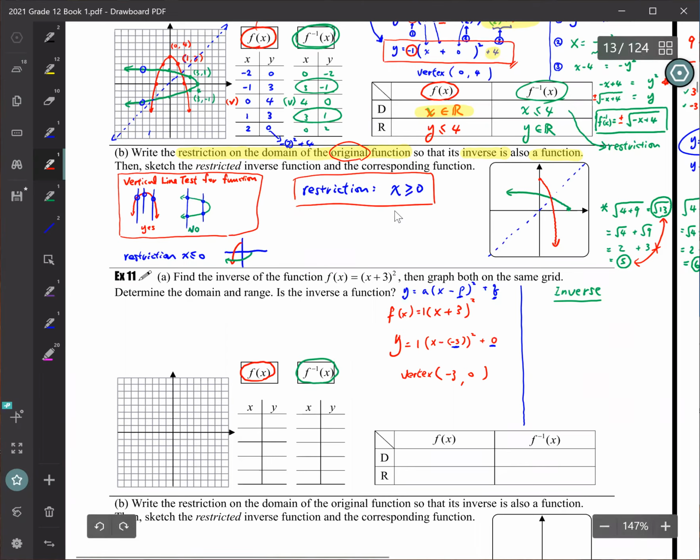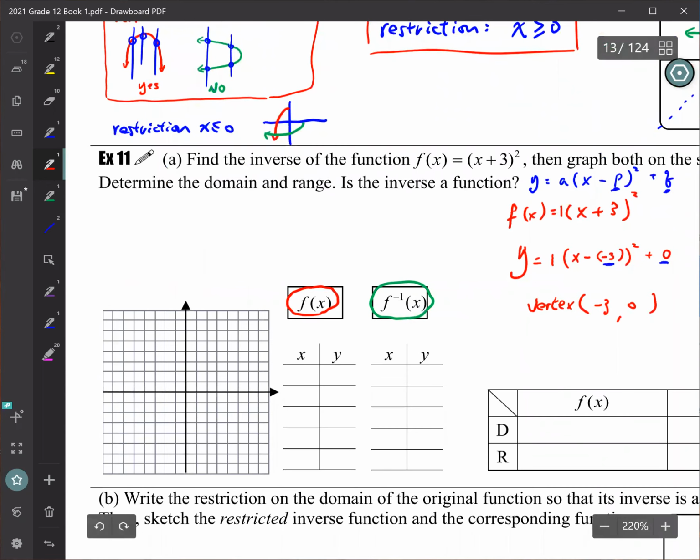Okay, let's check the table now. Susan, can you start from the top? What are your 5 points? -5, 4. -4, 1. -3, 0. -2, 1.